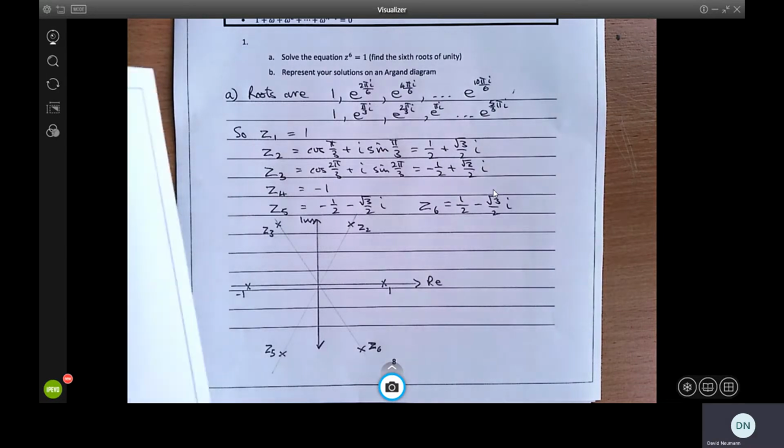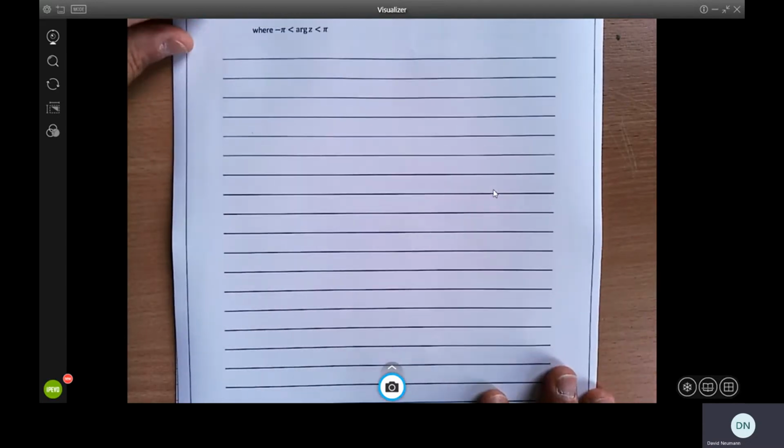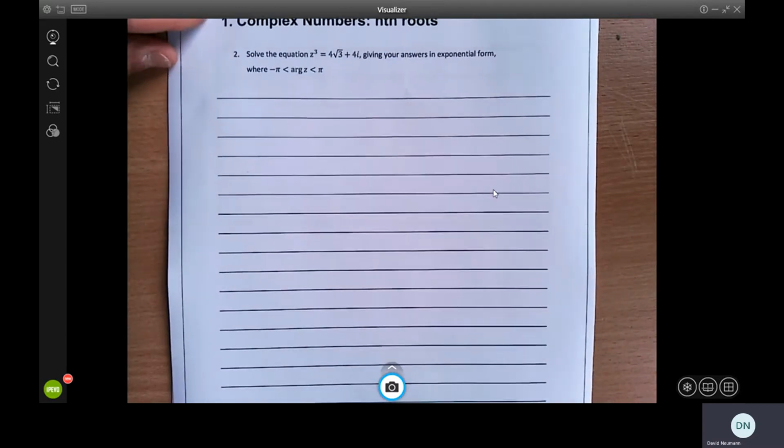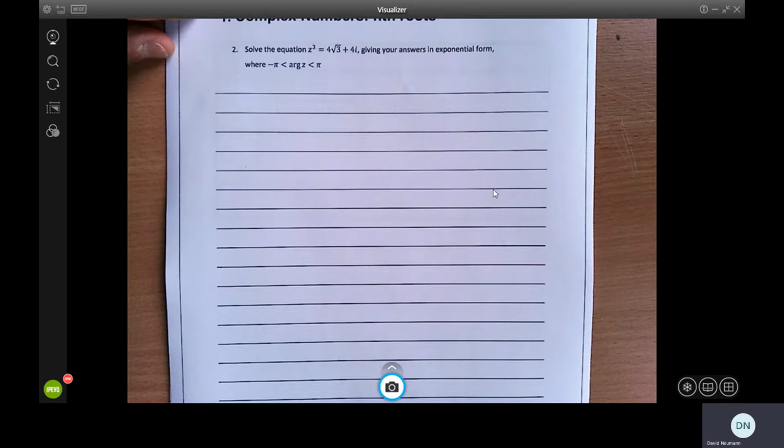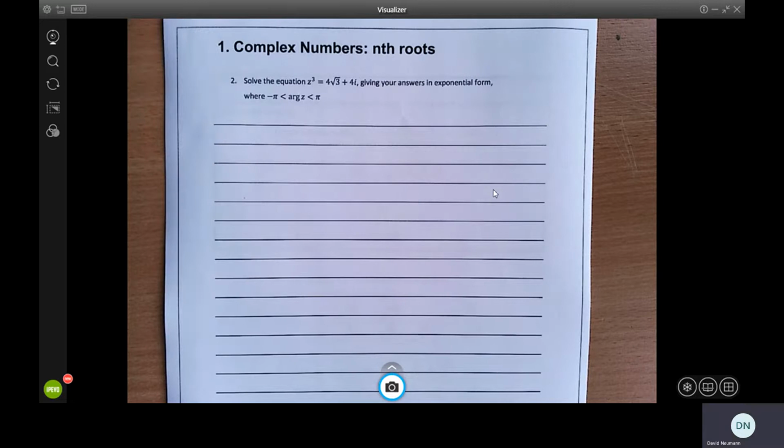Let's go on to the next page and have a look at now using this to solve an equation.